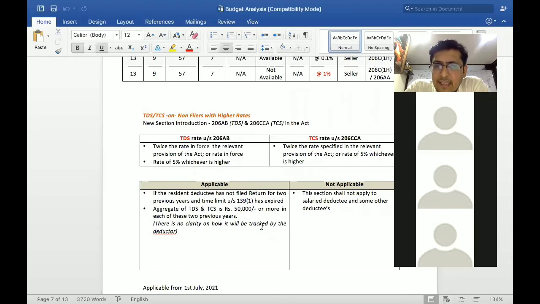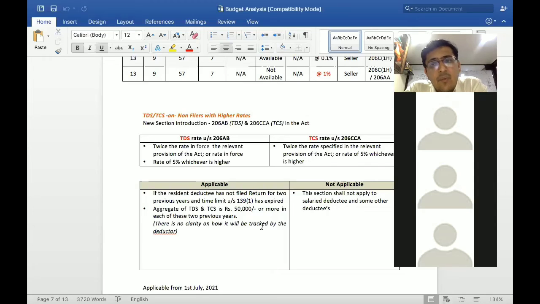The provision is saying that if on any deduction, the buyer, the supplier or vendor has not filed their returns, basically for 2 years they have not filed their returns, in that particular case, the rate of tax, either in TDS or in TCS, in either situation, will be twice the rate applicable, or 5%, whichever is higher.